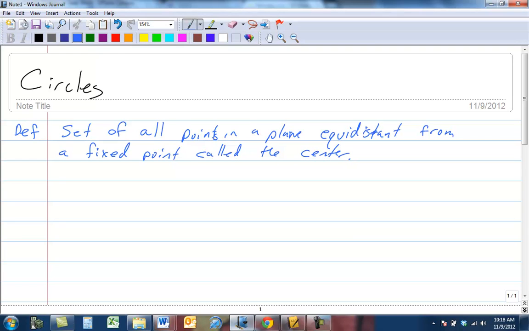Now, contrary to popular belief, the center actually is not part of the circle. It's all the points that are equidistant from it.